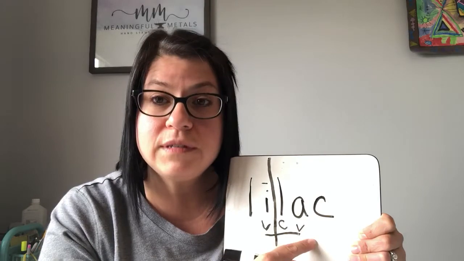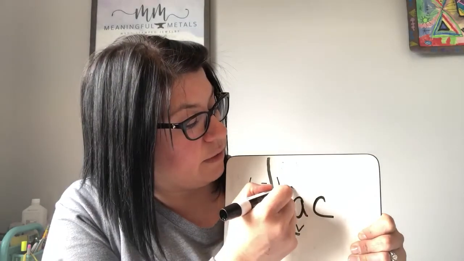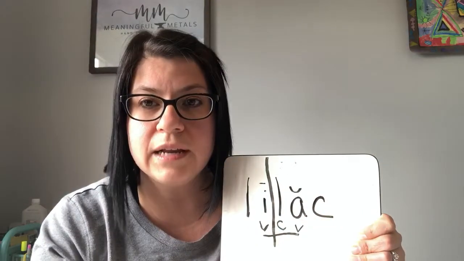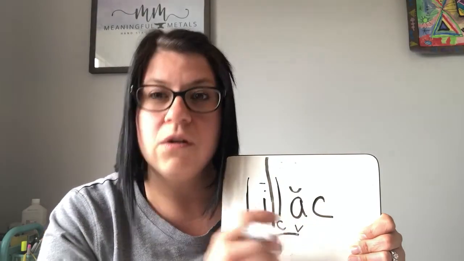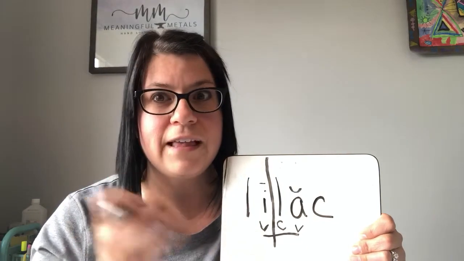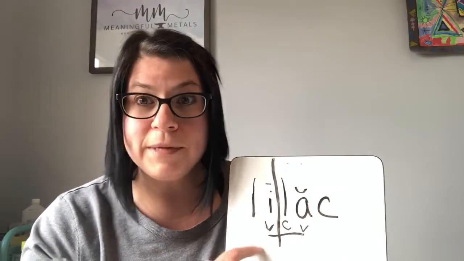This is a closed syllable. The A can only make its short sound, so we're going to give that a breve. L-A-C, lack. Let's put those two syllables together. You have lilac. If you don't know what that is, it's a really fragrant flower. They should be blooming sometime soon.